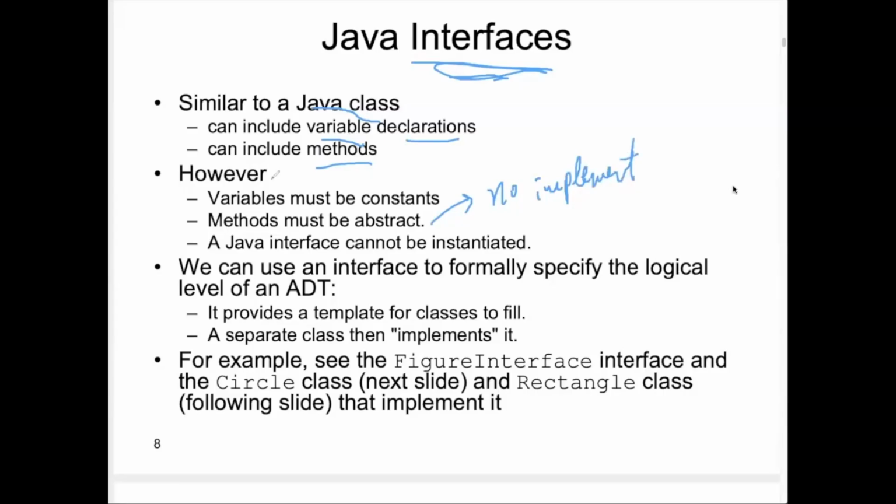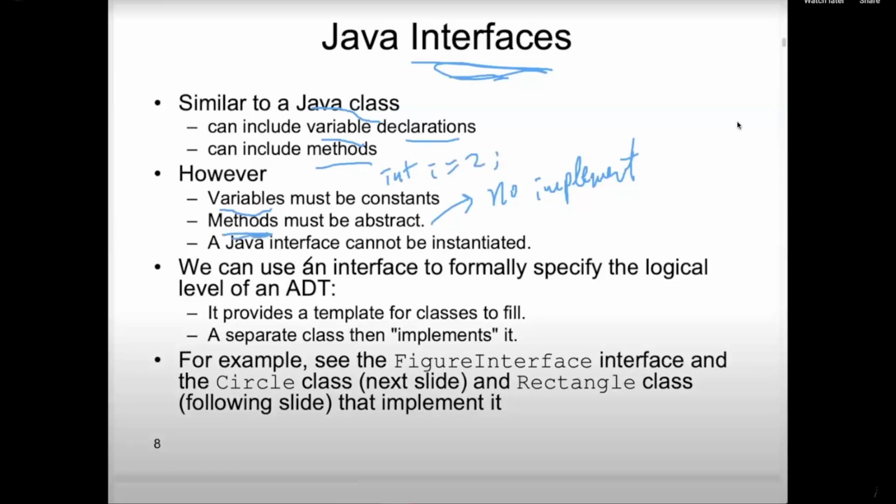You can also declare variables, for example int i = 2, in an interface, but methods must be abstract. They're not concrete; there are no implementation details in there. Since there are abstract methods in it and no constructors, a Java interface cannot be instantiated.